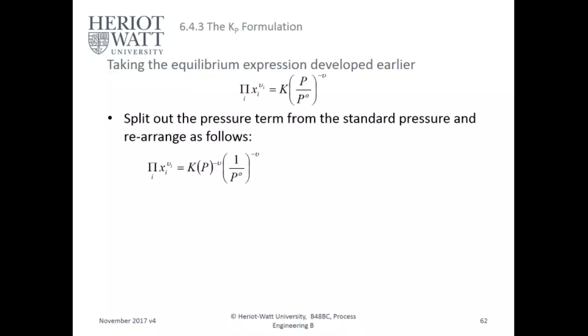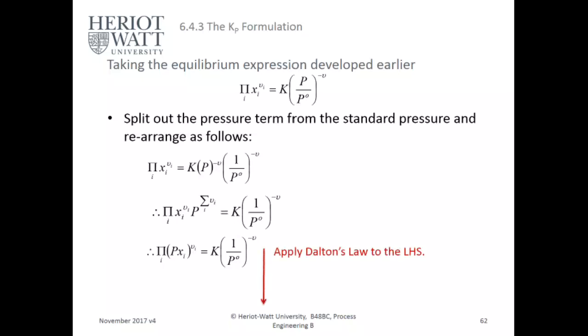That's your power laws. And product of xi to the vi times P to the power of the summation of vi, so all the stoichiometric terms, equals K times 1 over P0 to the power of negative v, and P times xi to the power of vi equals K times 1 over P0 to the power negative v.